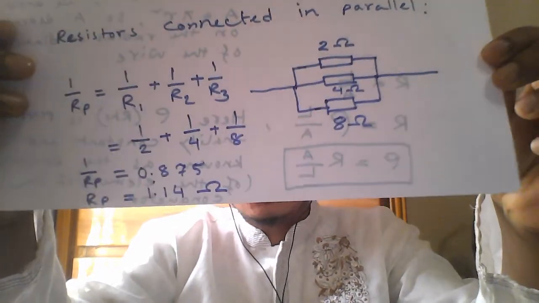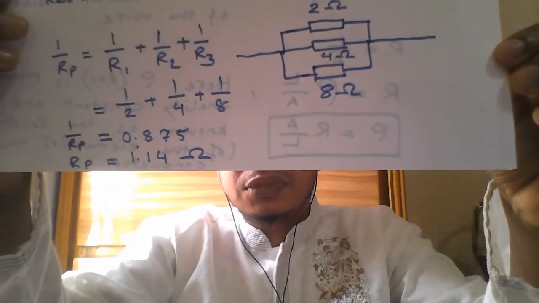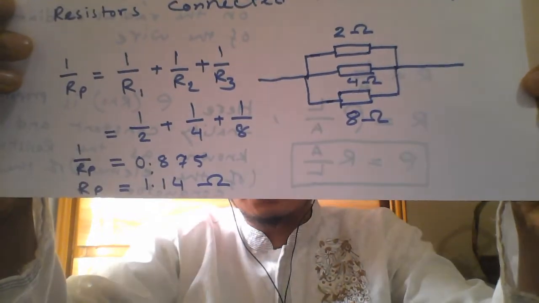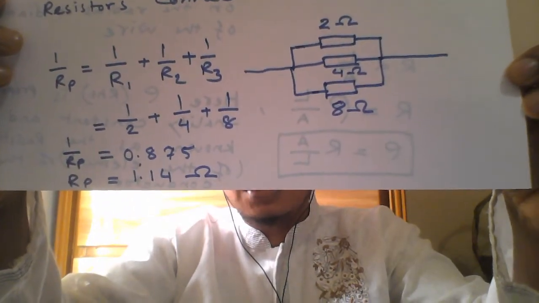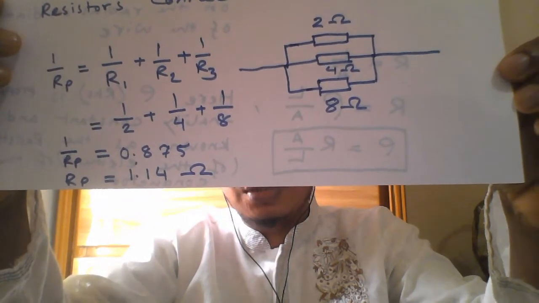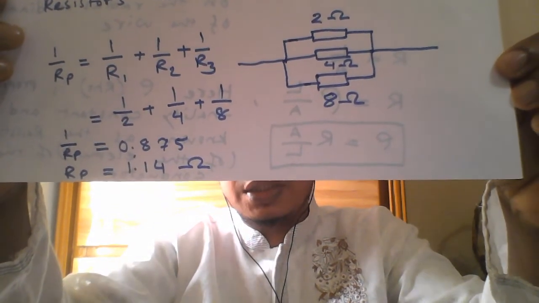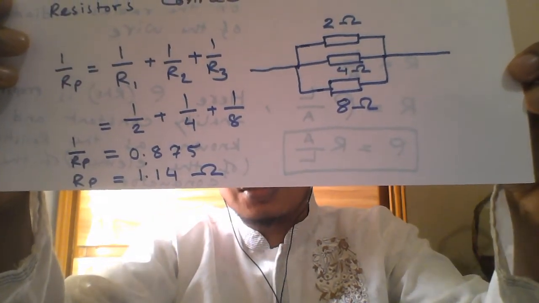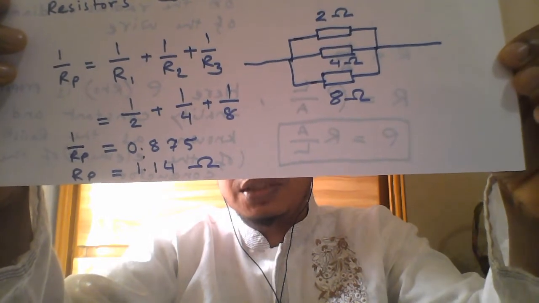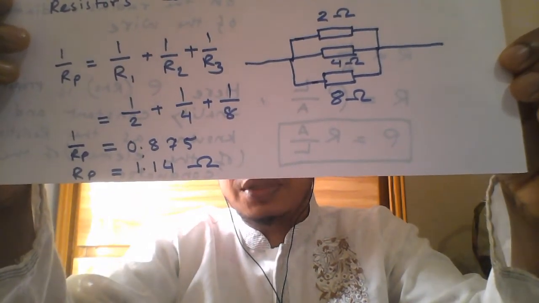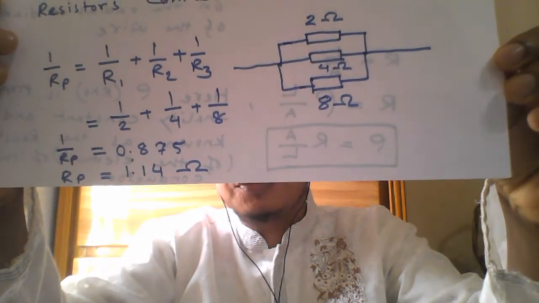And look at the last line. We got here RP. We had 1 by RP, but we are inversing it or reversing it. We are getting here RP because our target is to get RP, not 1 by RP. So we are inversing it at the last step.